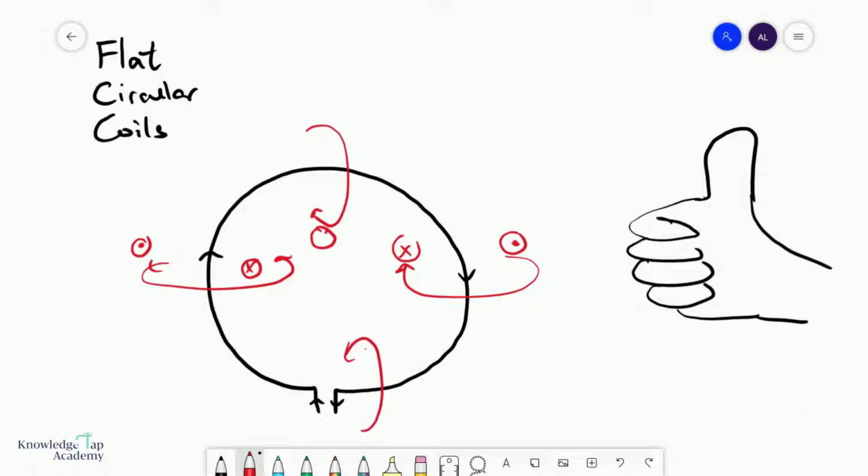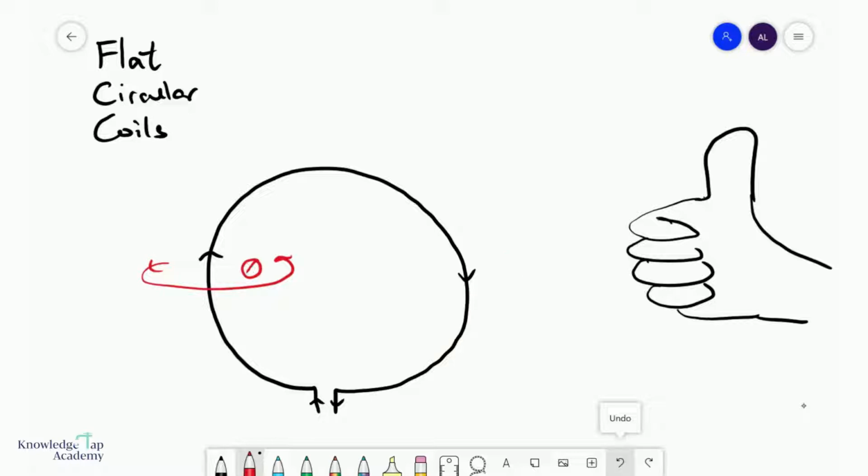But what you'll always notice is that the field generally goes in through the loop and goes out of the page when you're outside of the loop. And so there is a very interesting way for us now to deduce this very, very quickly. We change the way we use the right hand grip rule.